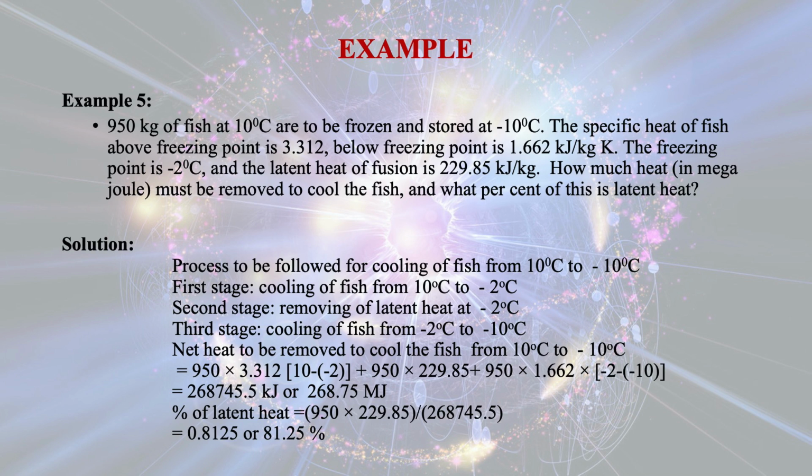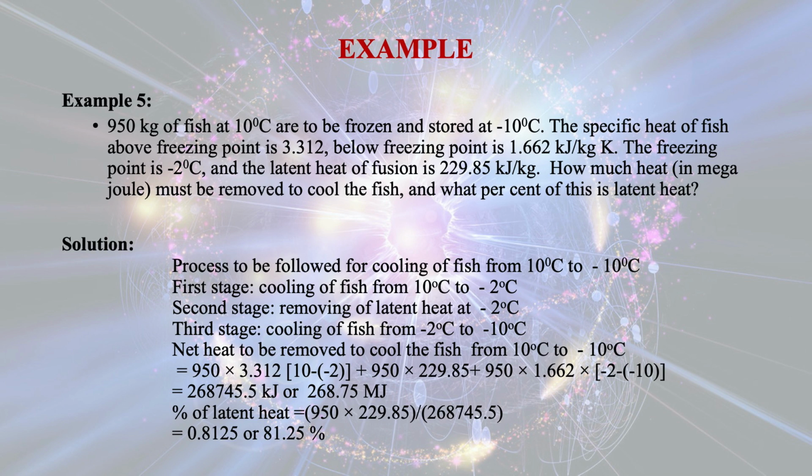That is the heat removed for cooling the fish from 10 degrees centigrade to minus 2 degrees centigrade, and then the next term, plus 950 into 229.85, is to remove the latent heat so that it will be completely frozen. And the third part of the cooling is for cooling the fish from minus 2 degrees centigrade to minus 10 degrees centigrade. If you calculate, the final result will be 268.75 megajoule.